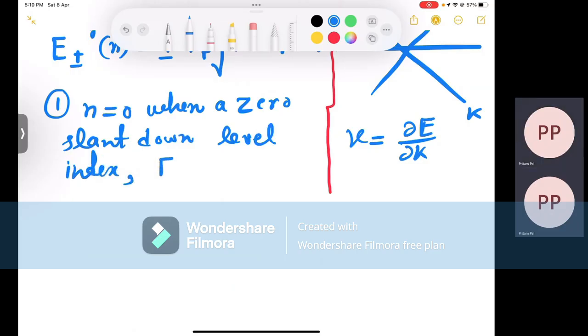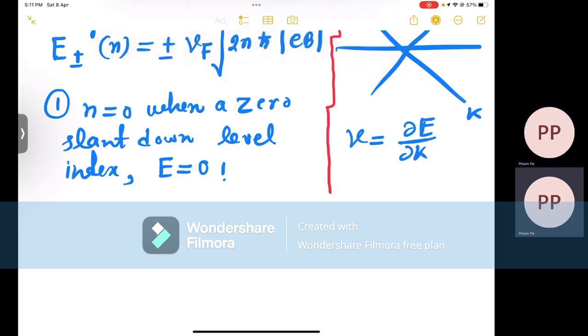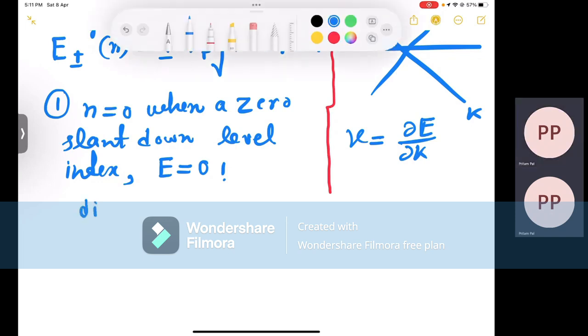That is equal to 0. This is quite different from the two-dimensional electron gas system, right?